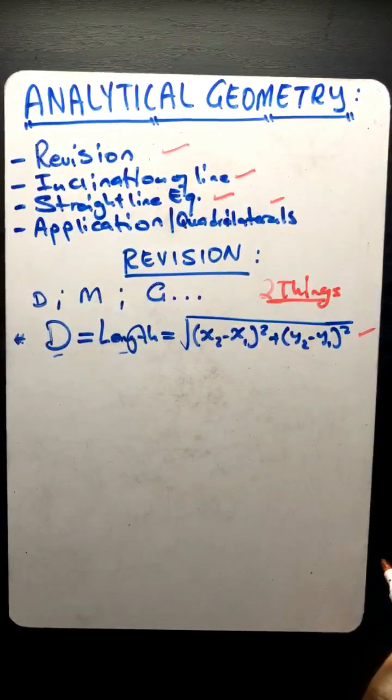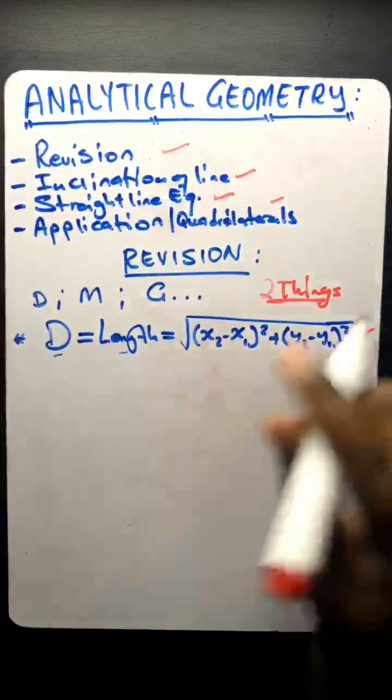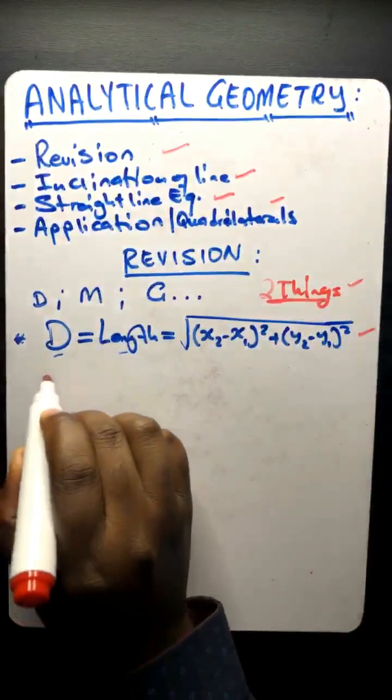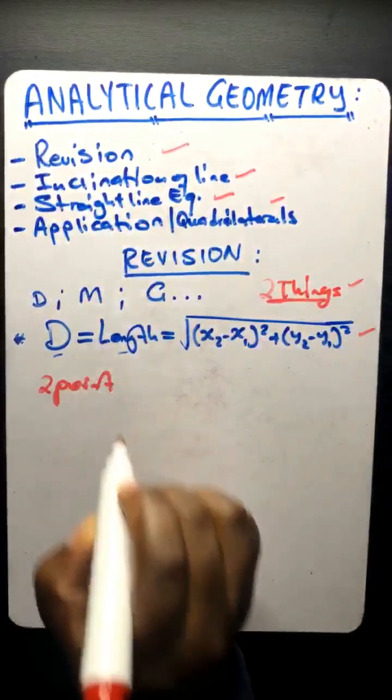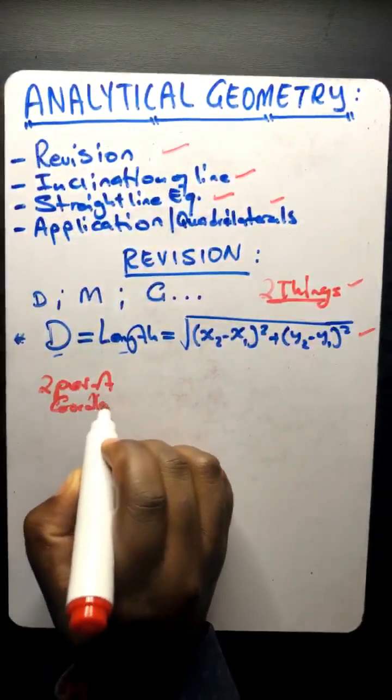But what you need to remember is that the moment you see yourself using that formula, you will always need two things. What could those two things be? It could be two points. Remember, two points meaning two coordinates.